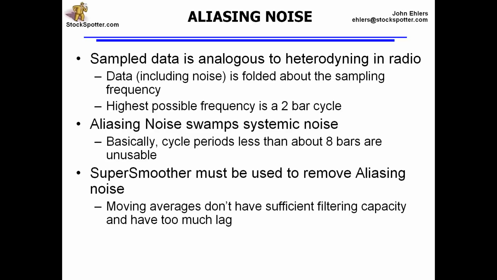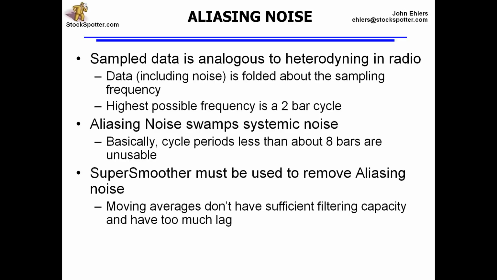And when you sample like that, you're basically multiplying the frequency of the sample rate times the frequency components in the data. And so that's very similar to heterodyning in radio, which means you're going to get sidebands. And in the case of trading, the upper sideband is folded down into the baseband, and it overlays the noise right on the signals that you're trying to analyze.